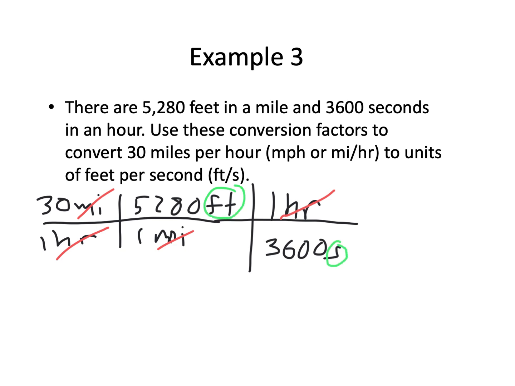So I just need to multiply 30 times 5,280 and divide by 3,600. When I do that, this is equal to 44 feet per second. And that is my conversion.